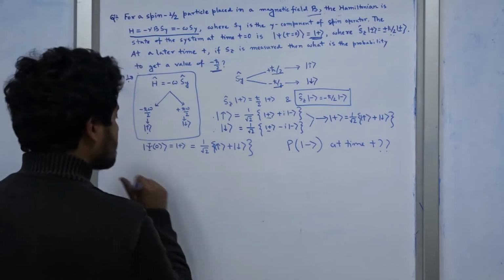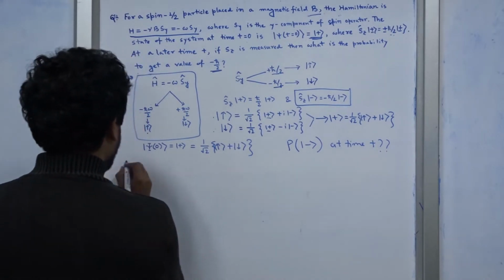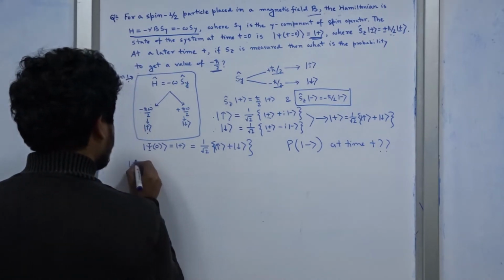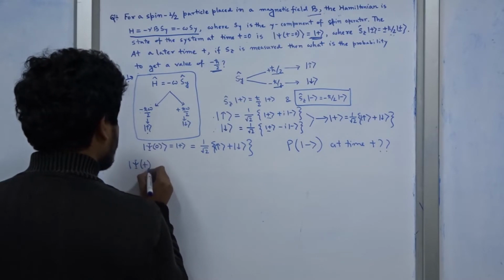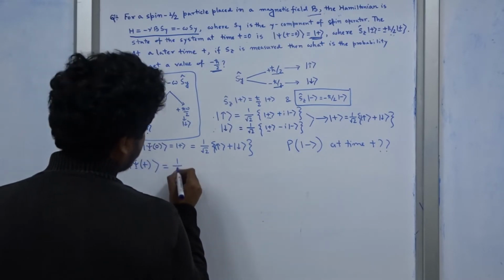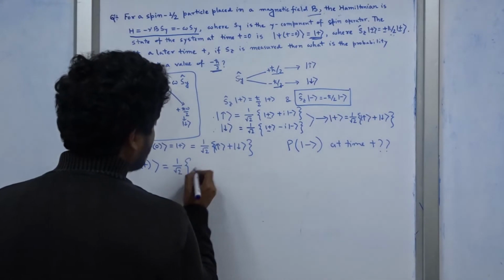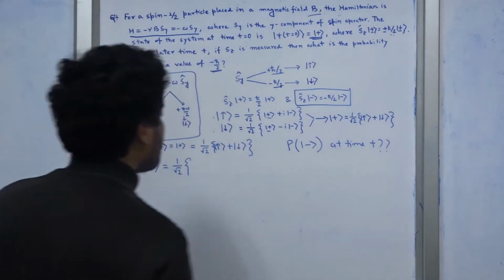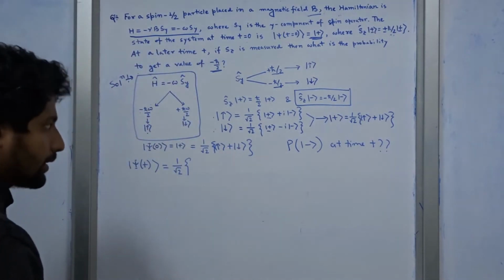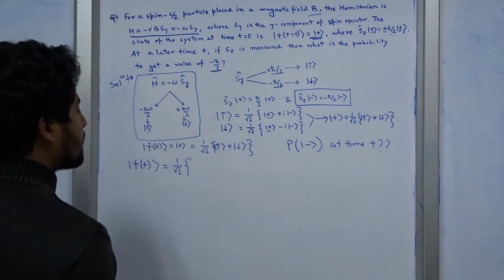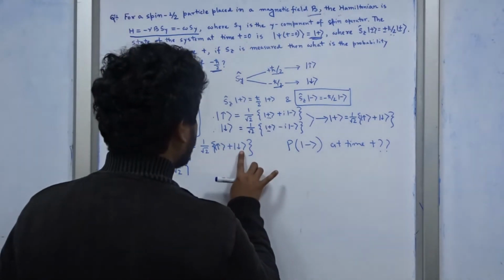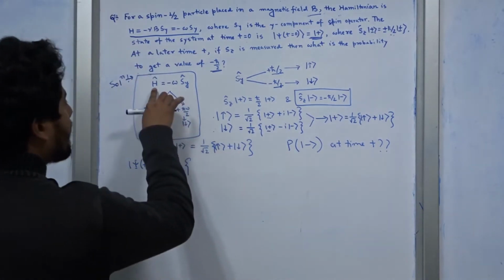Let's figure out what happens to the wave function with time. This is very simple. Since I have expressed the wave function in the eigenbasis, these up and down states are nothing but the eigenstates of the Hamiltonian.